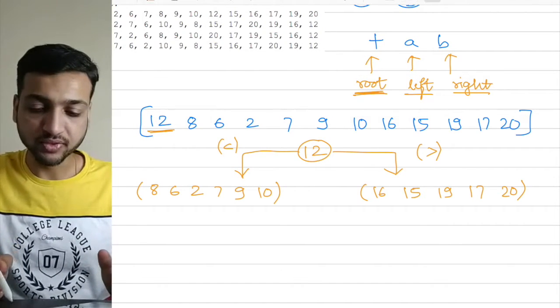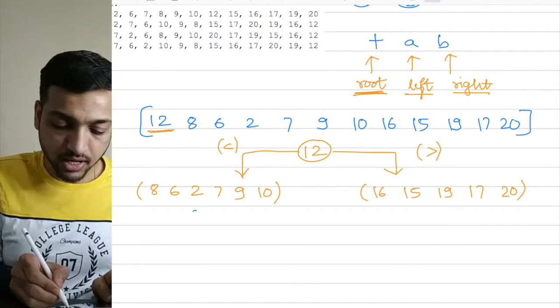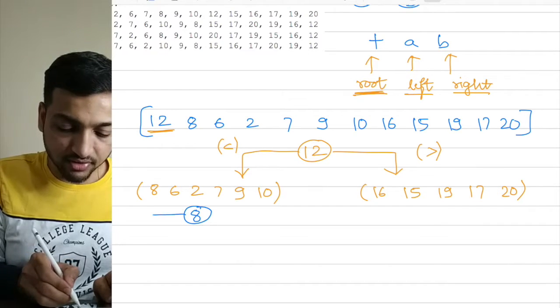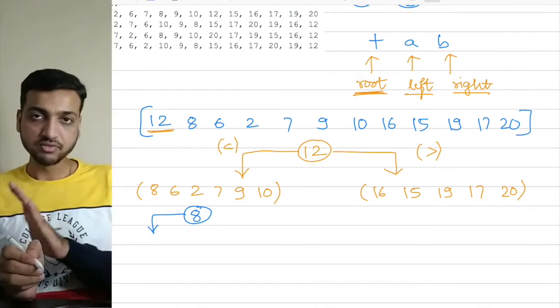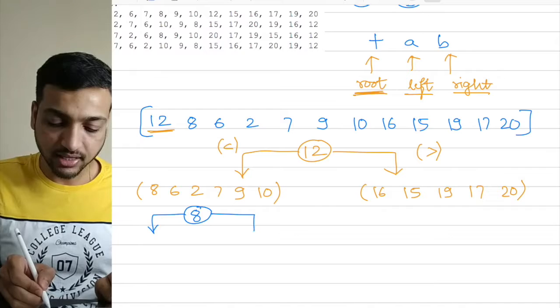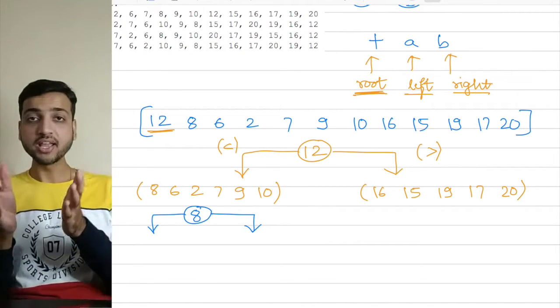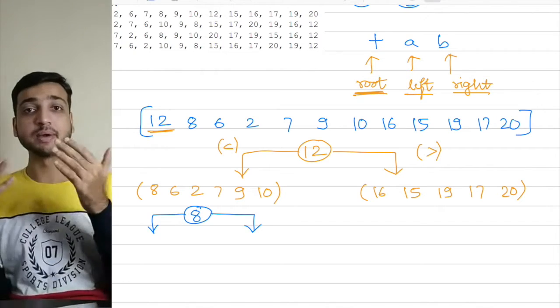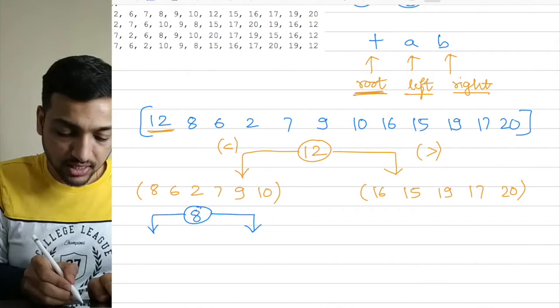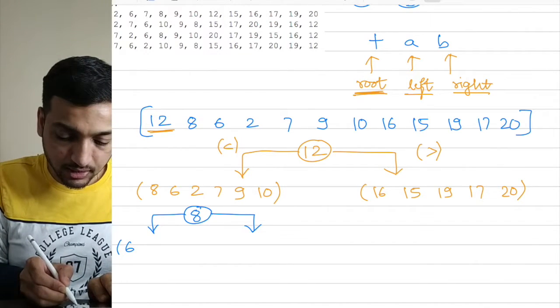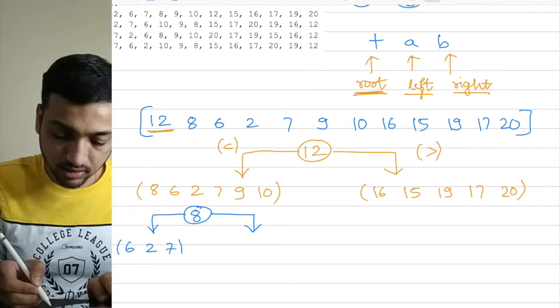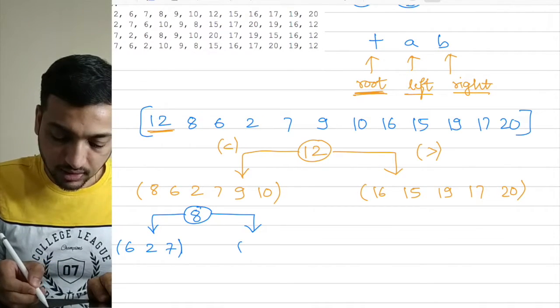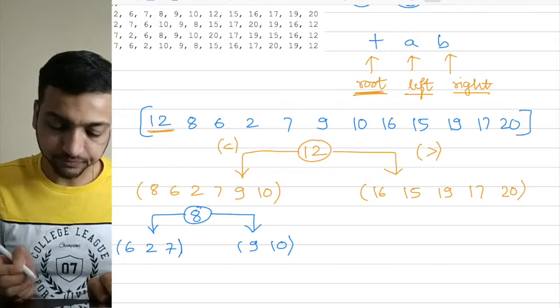So I'm going to make a note of that. So 8 becomes my root, and everything less than 8 will be to the left and everything greater than 8 will be to the right. Why? Because this tree is also a binary search tree. It's not just a binary tree, it's a binary search tree. So less than 8 becomes 6, 2 and 7, and greater than this becomes 9 and 10.